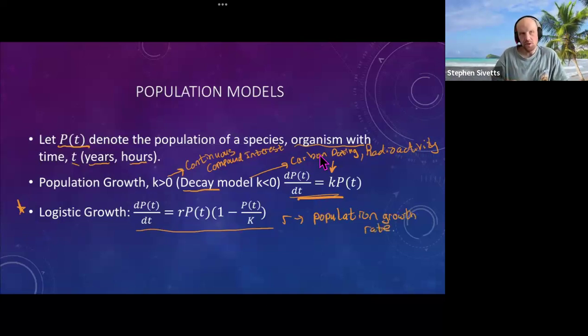And then we want to formulate an equation so the population doesn't increase indefinitely. It sort of limits out as time moves forward, right? And that's what this K constant represents. K represents what's called the carrying capacity.